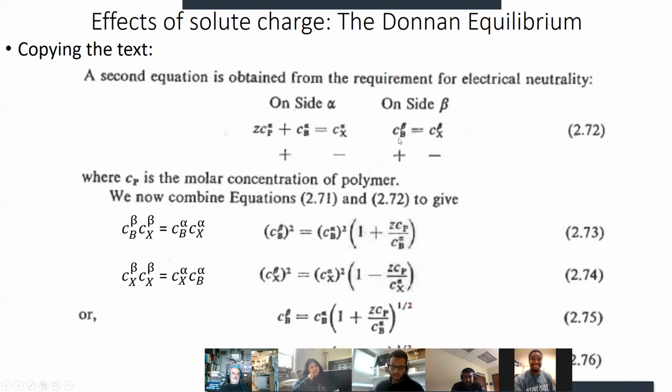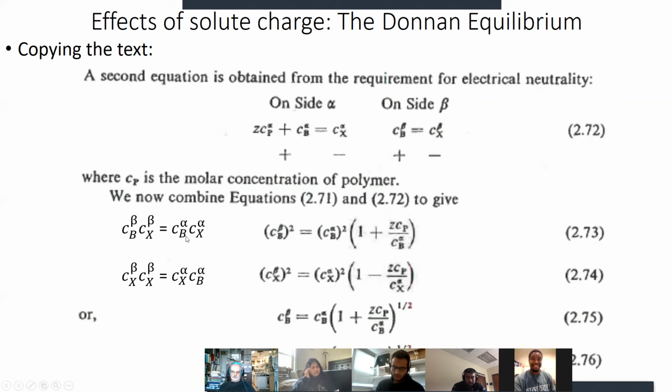On the beta side, outside the bag, you just have sodium chloride. You just have cation and anion, and they must be in equal concentrations. So if equation 271 is correct, the product of the concentration of B times X inside and outside the bag, and charge neutrality is correct, then we can rewrite this equation.